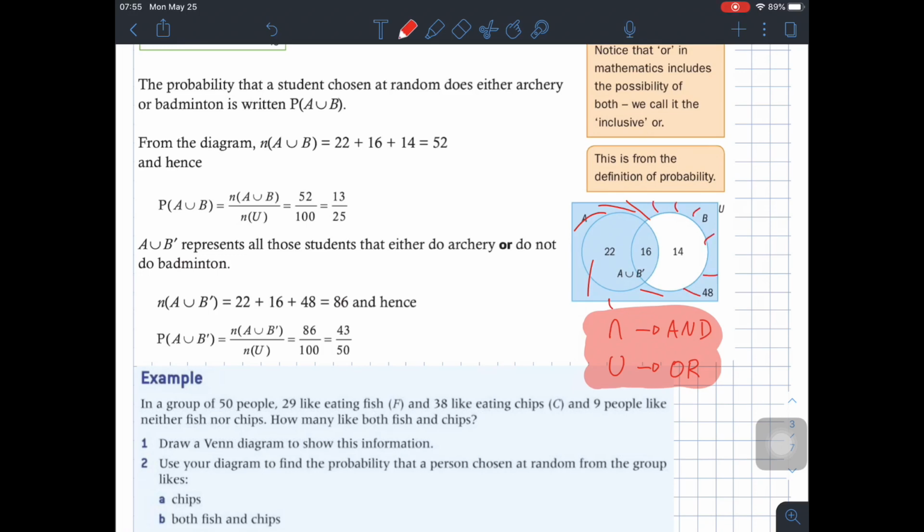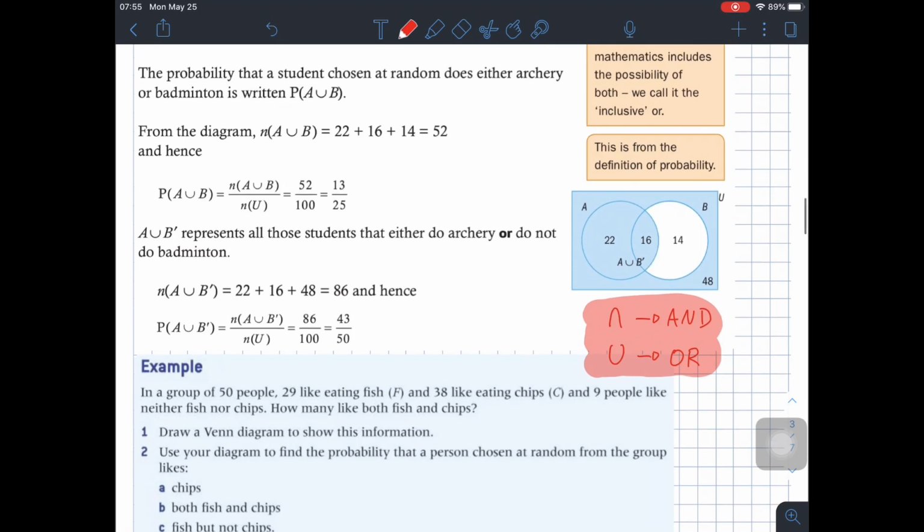So if we shade all of the regions that we just described, we're going to get all of this blue region that is already shaded here, including the intersection, because that is being included when I say probability of A, which is this whole circle over here. Okay, so the number of A union not B would be everything except 14.